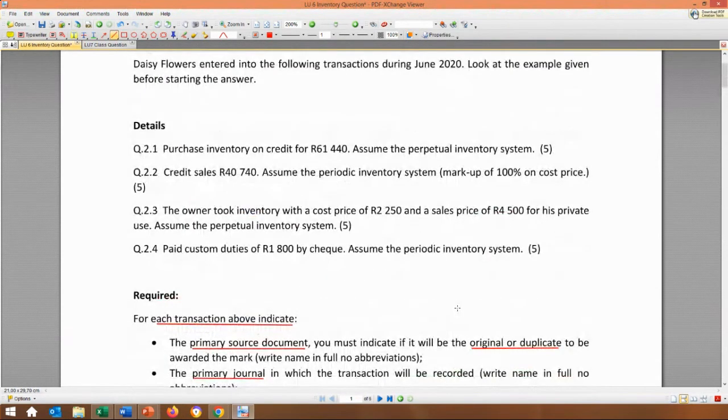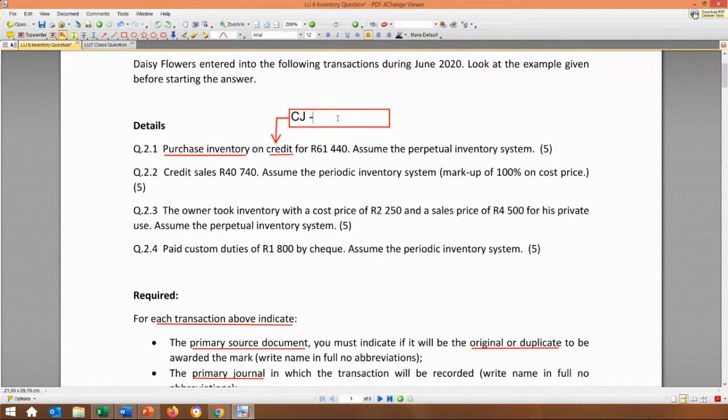Okay, so let's look at the first transaction. The first transaction is we purchased inventory on credit. So this means I've purchased it on credit, so the journal that I will have is my creditors journal.